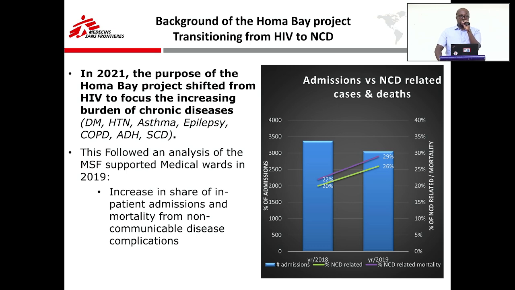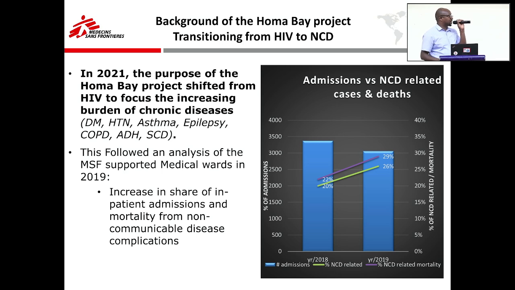So you see the burden of NCD in the IPD. And then remember also 40% of the patients with NCD in Homa Bay Teaching and Referral Hospital IPD came from Homa Bay Town sub-county.